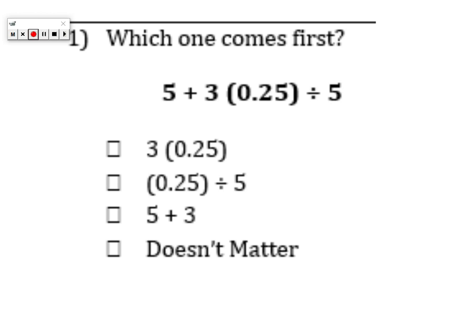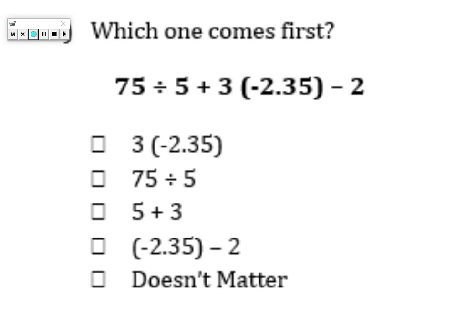Now, we want to do some problems where you try to decide which one would come first. In this problem, what should you solve first? If you said that you should multiply the 3 times 25/100ths, you are correct.